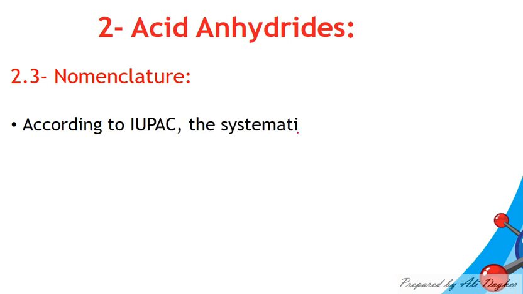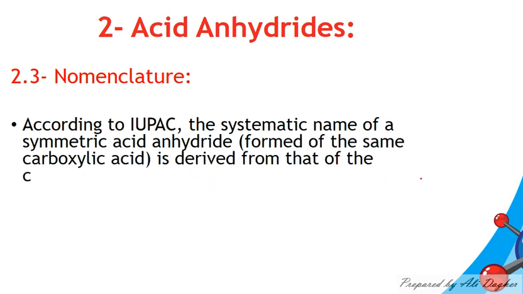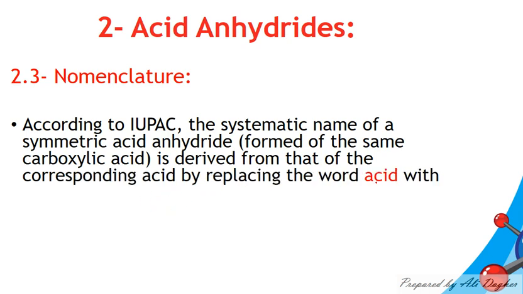According to IUPAC rules, the systematic name of the symmetric acid anhydride formed of the same carboxylic acid is derived from that of the corresponding acid by replacing the word acid with the word anhydride. First, we have two types of acid anhydride.